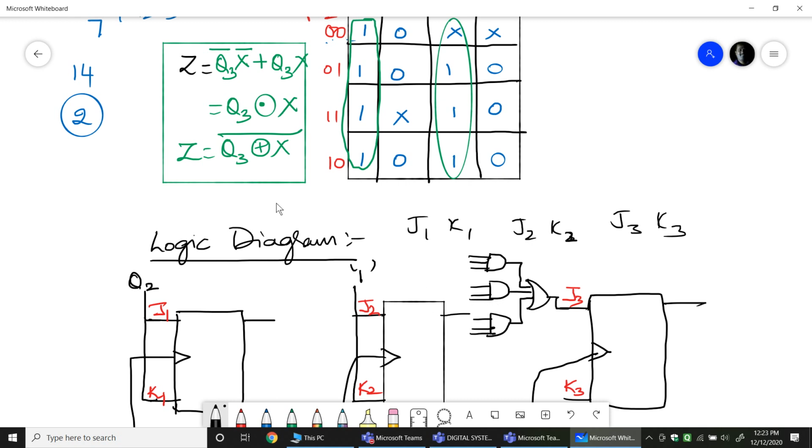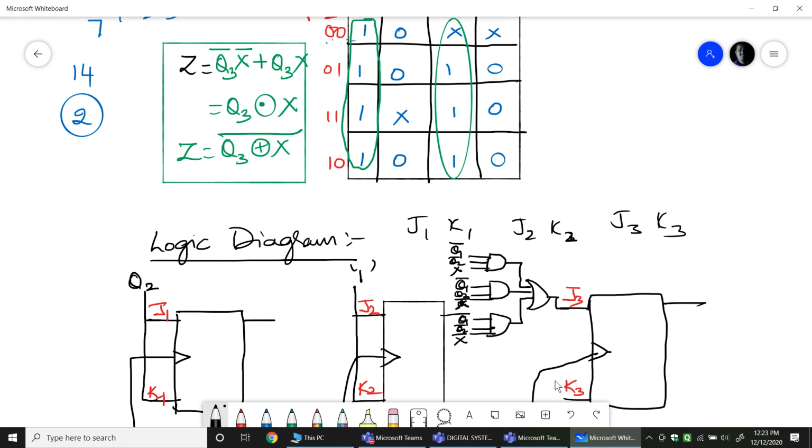So it is Q1 bar Q2 bar X, Q1 bar Q2 X bar, then Q1 Q2 bar X bar.